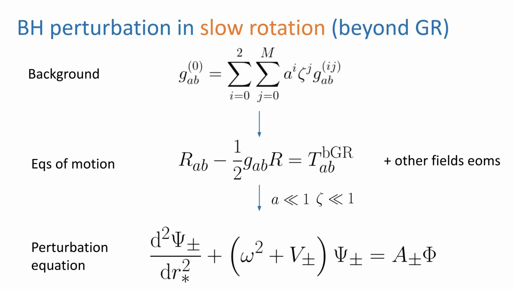Then assuming that the spin and the coupling constant are small, and by performing the same combination of equations, you can get a new set of perturbation equations. Now there might be coupling between the gravitational fields and additional fields, and of course the effective potential will contain corrections in the coupling.